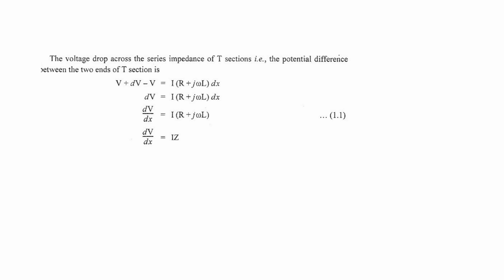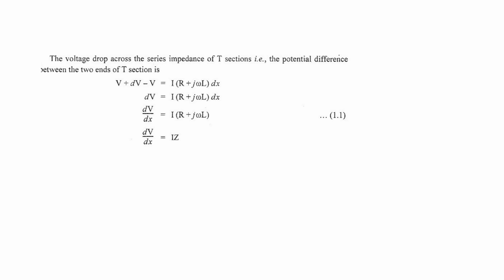By solving this, dV equals I into (R plus j omega L) into dx, and from this, dV by dx equals I into (R plus j omega L). And R plus j omega L is nothing but the series impedance Z. Therefore, dV by dx equals I into Z.